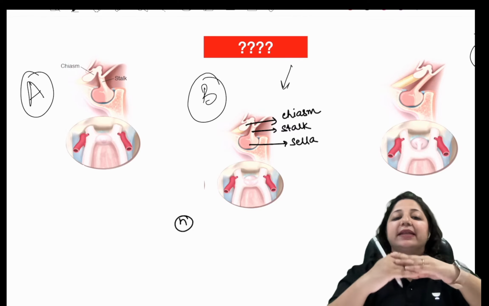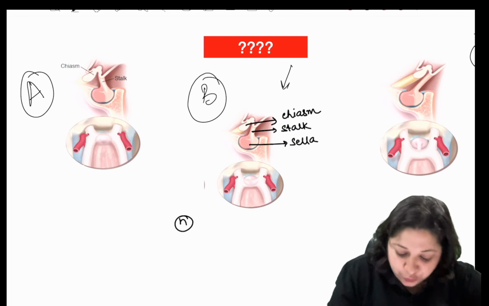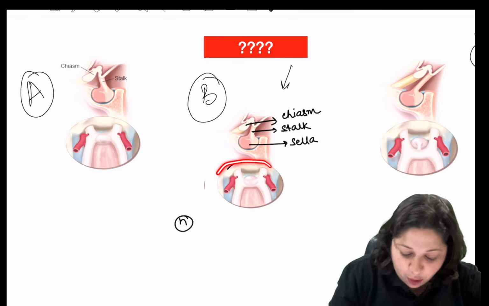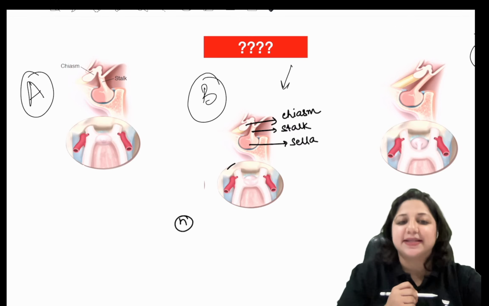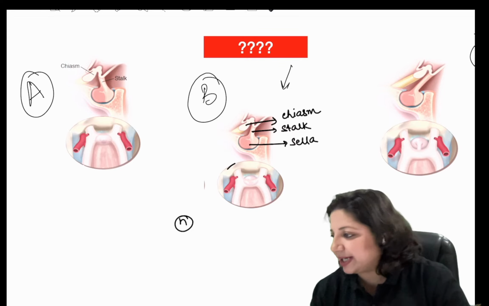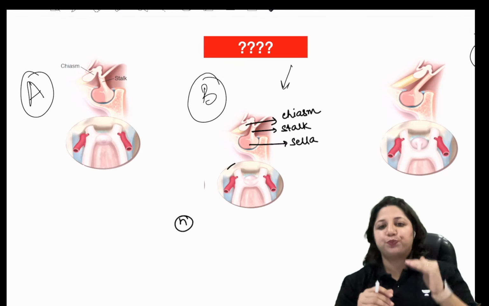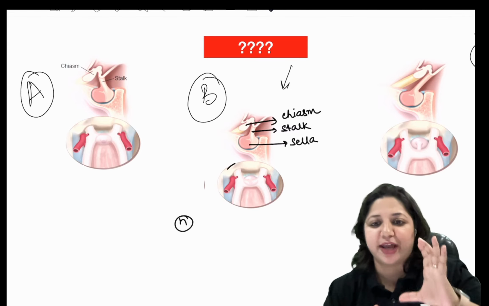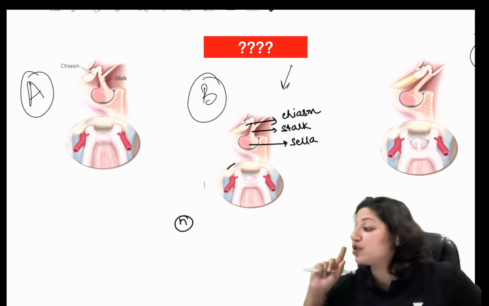So if you try to see here, the hint was here. This is the chiasm which is present, and just below this round structure is sella. So my question here is, what is the normal position of chiasm in connection to the sella?